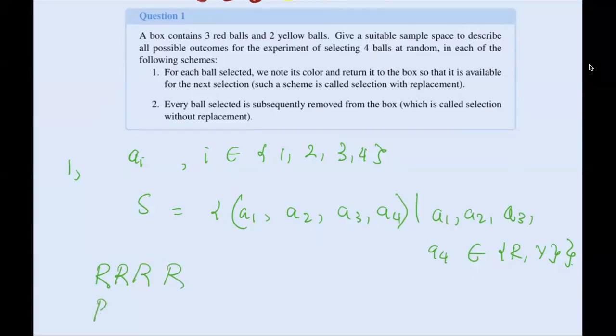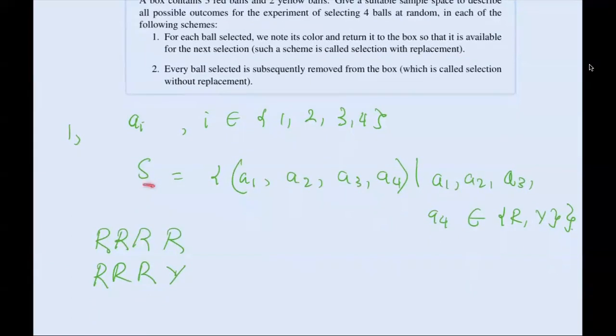Or another way is A1, A2, and A3 are red, but A4 is yellow. So your sample space would contain such tuples. It will contain all the possible combinations of this tuple, where each of them can take on a red or yellow value.